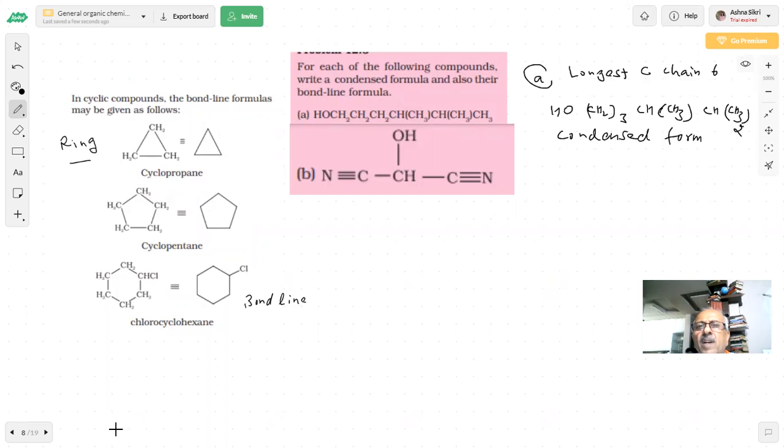6 carbons are there. So 1, 2, 3, 4, 5, 6. Zigzag, zigzag.